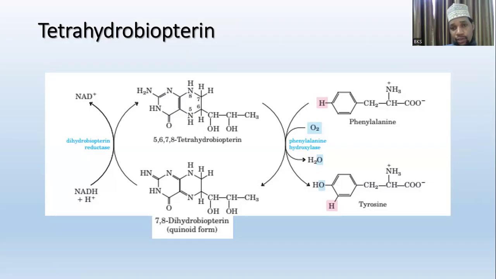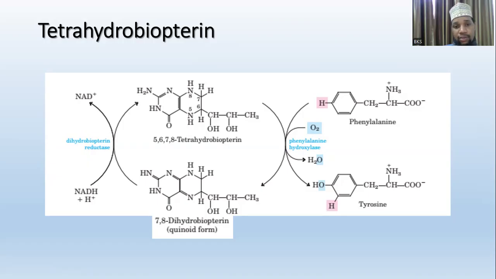So the electron donated here actually goes to the oxygen, and that leads to conversion of oxygen to water. So you have the proton, first of all, donated to dihydrobiopterin by an enzyme called dihydrobiopterin reductase that converts dihydrobiopterin to tetrahydrobiopterin.